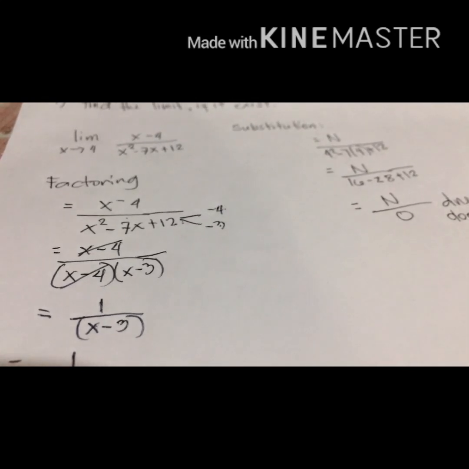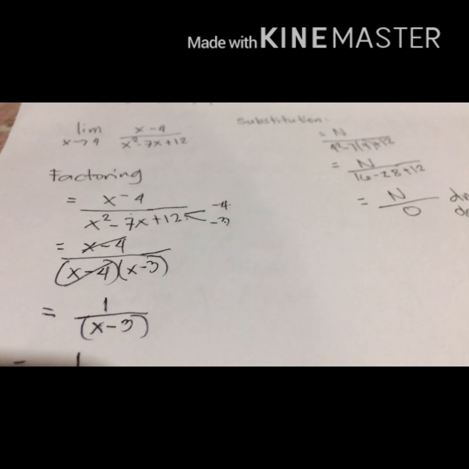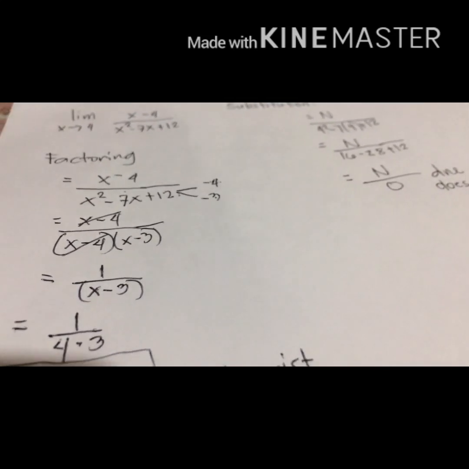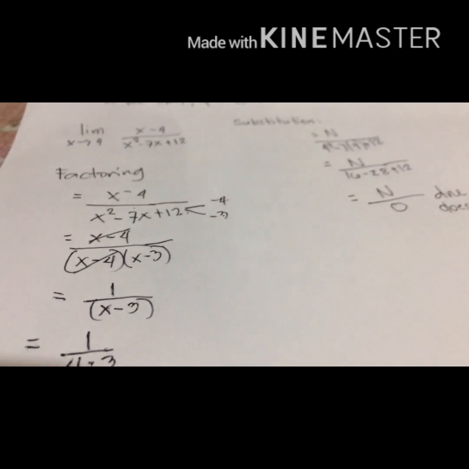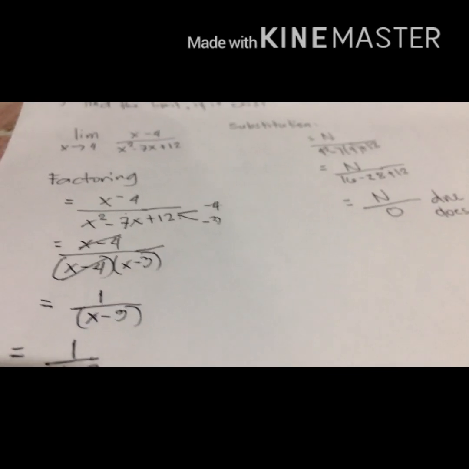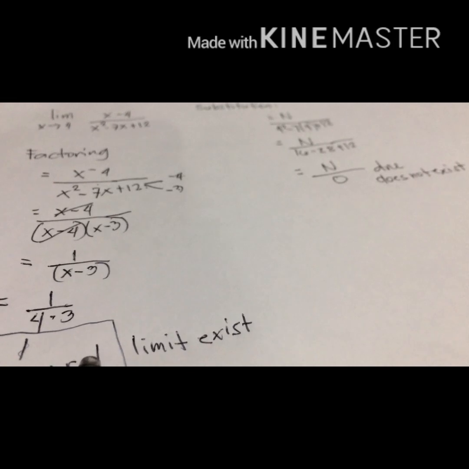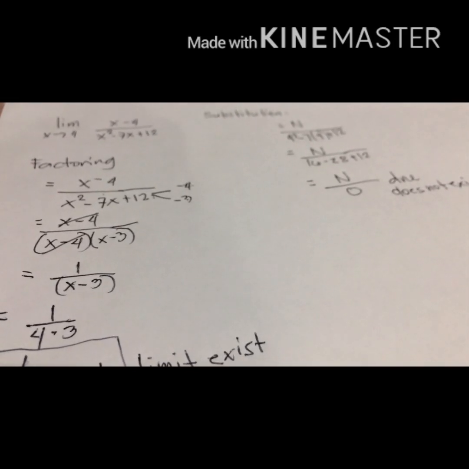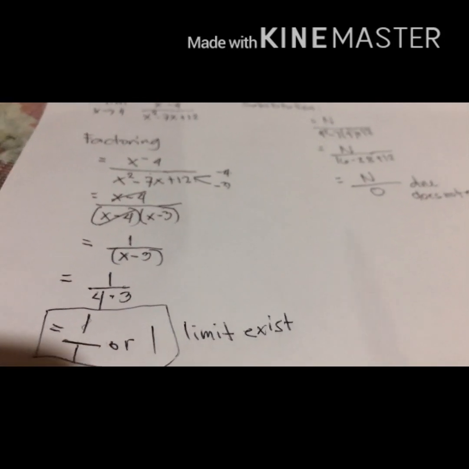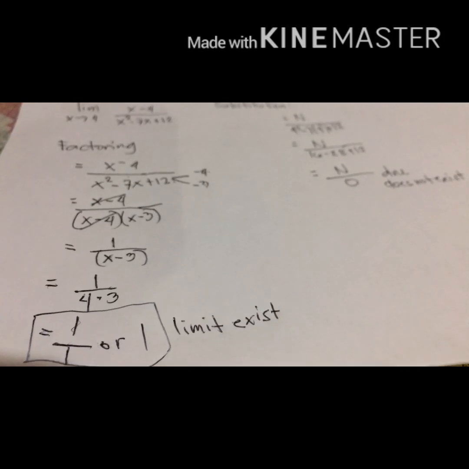In this case, we substitute the value of x: 1 over 4 minus 3. We'll see that it is 1 over 1, or 1. Therefore, the limit exists at 4 by using the factoring technique. So this is the answer: 1 over 1, or 1.